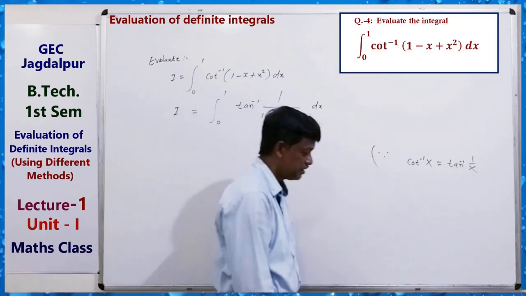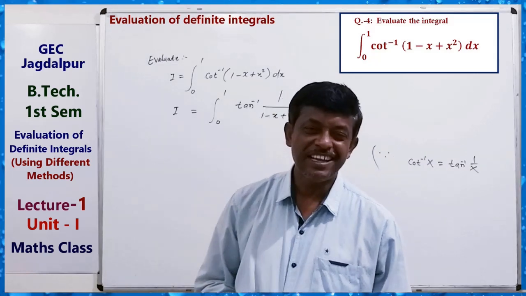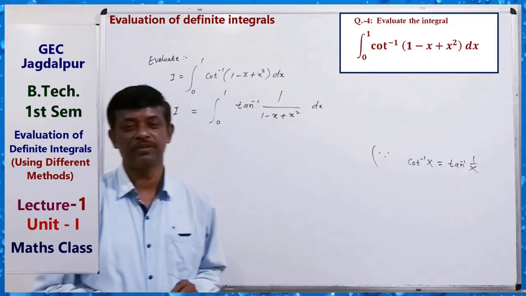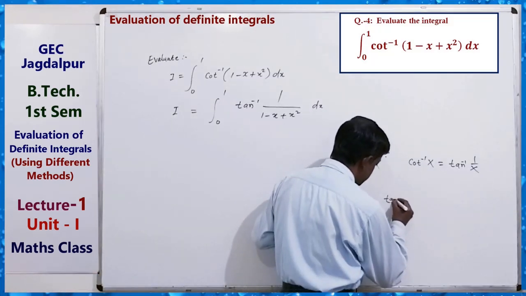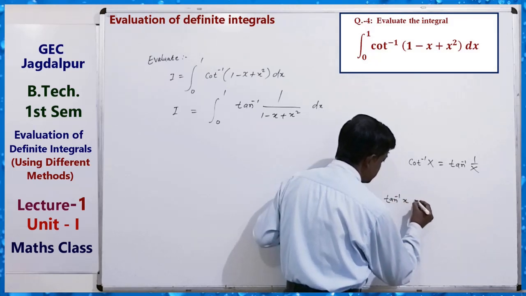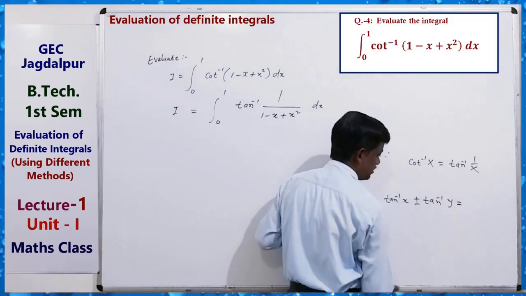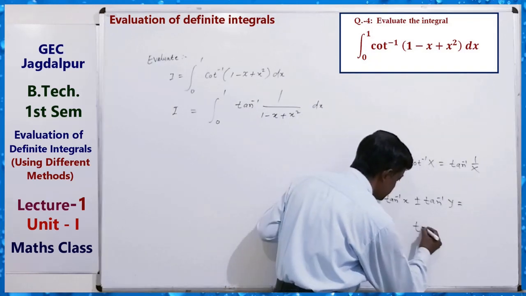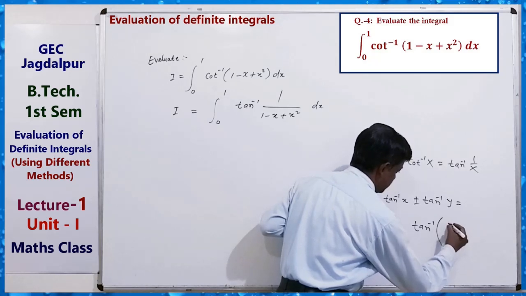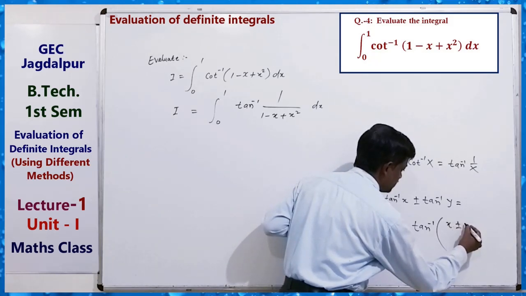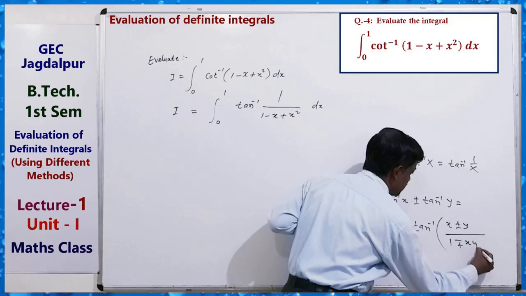Now here, we know the inverse trigonometric formula, that is tan inverse x plus minus tan inverse y is equal to what? Tan inverse of x plus minus y upon 1 minus plus xy.